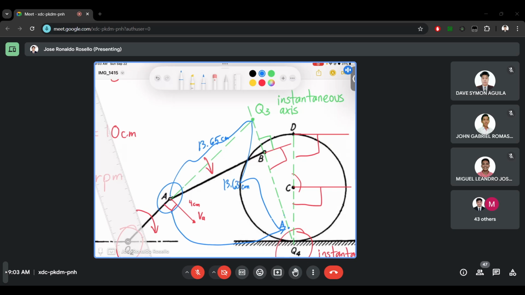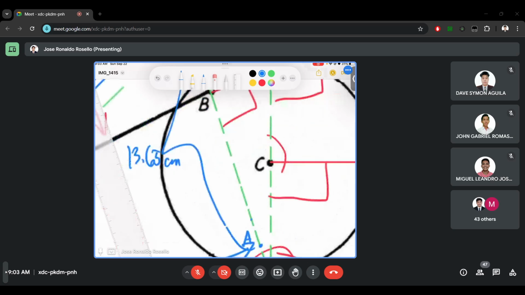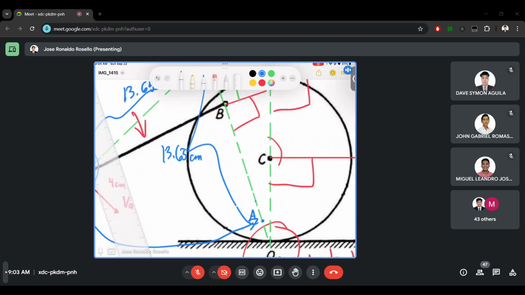Okay. So since we have copied point A, we can also copy now the vector of point A, which is 4 centimeters length.